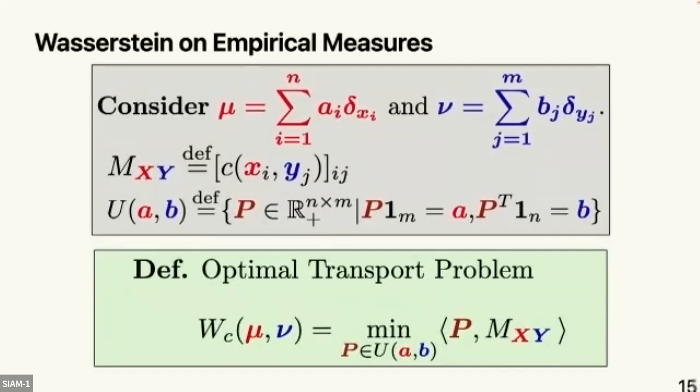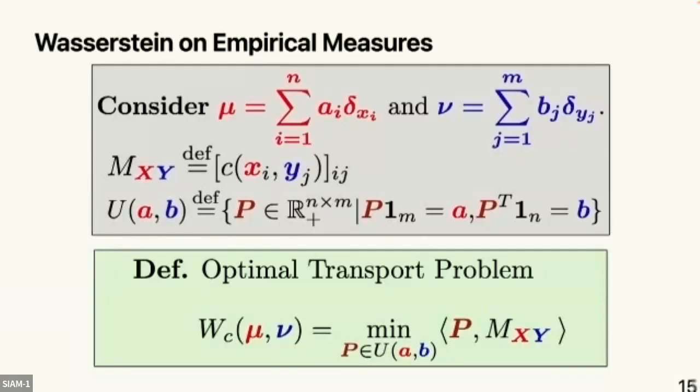So you abstract out two things: how mass is distributed, to help me constrain those matrices, and how the points are located, and this helps me construct a cost matrix. So this is the geometry, if you want, of the problem. Here I'm just telling you how far each point x_i is to each point y_j.